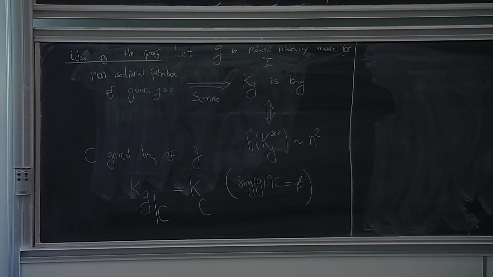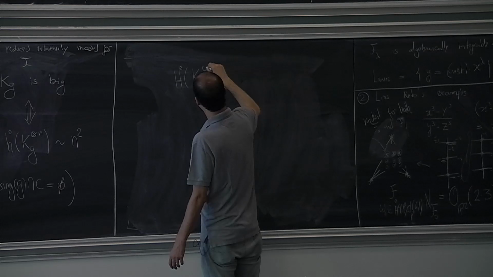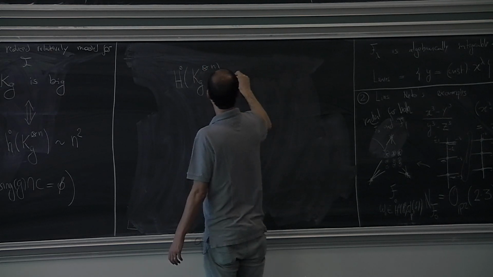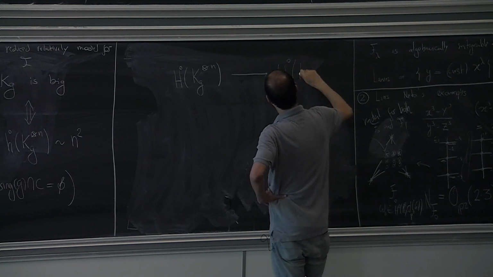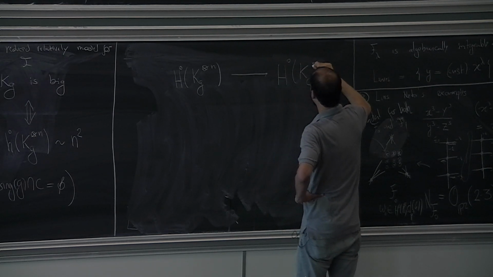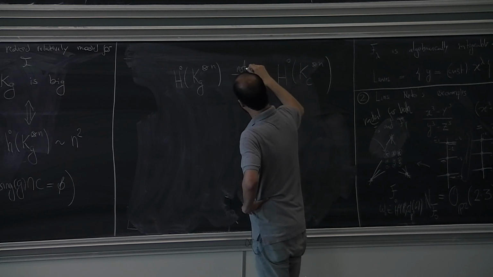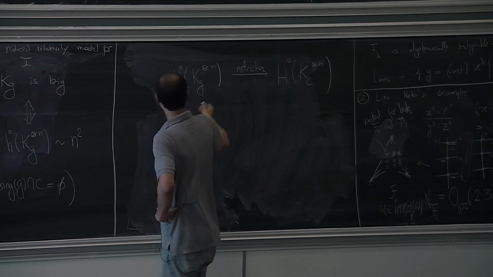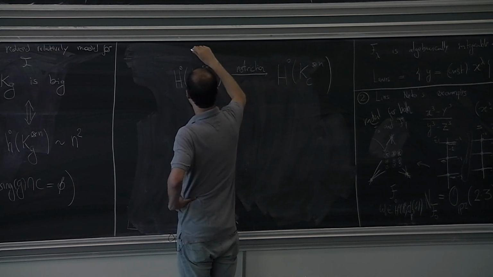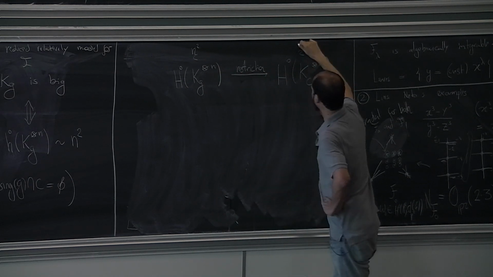And so if I look at the restriction morphisms, we know that this guy grows like n squared. We know that this guy grows like m.